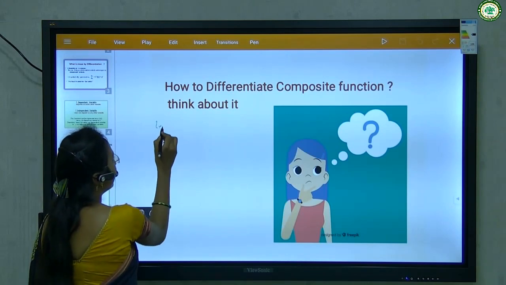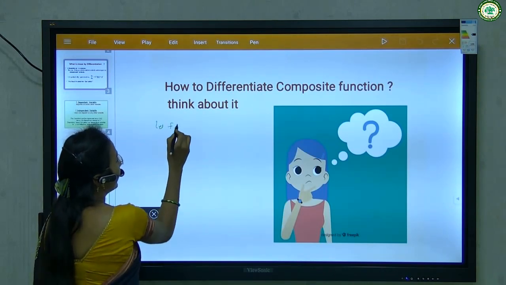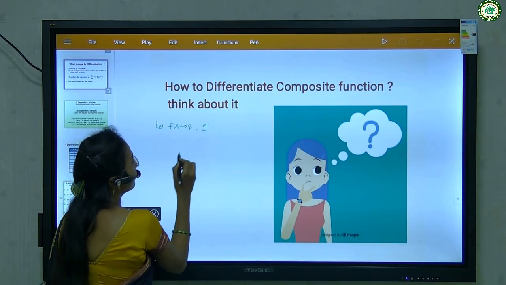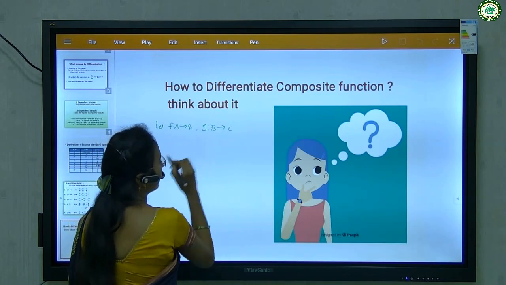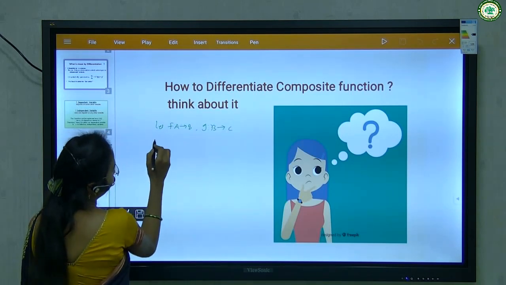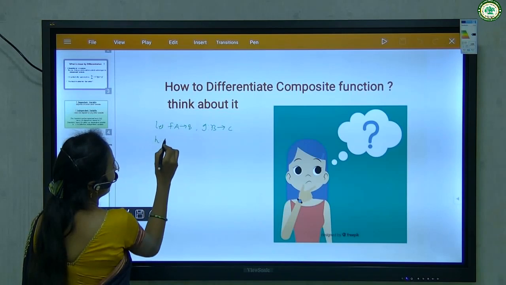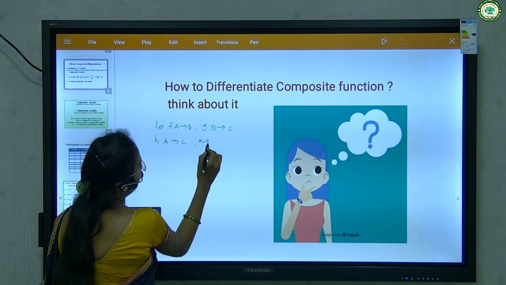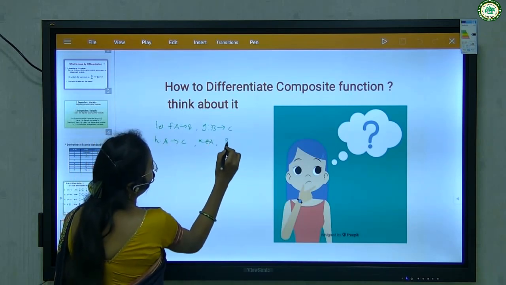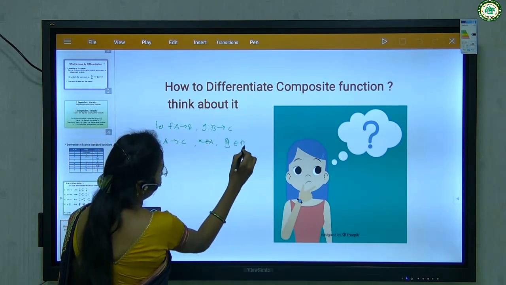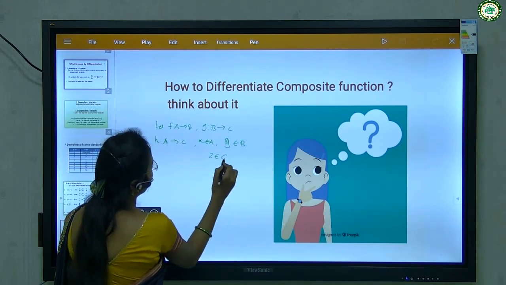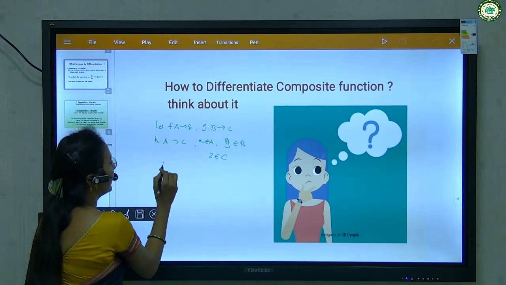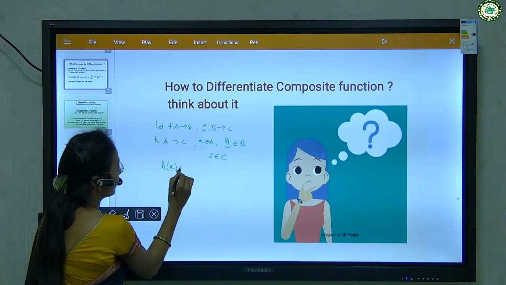Let f be a function from A to B, and g be a function from B to C. Then h is a function from A to C, where x belongs to A, y belongs to B, and z belongs to C. Then the composite function is defined as h of x is equal to z.